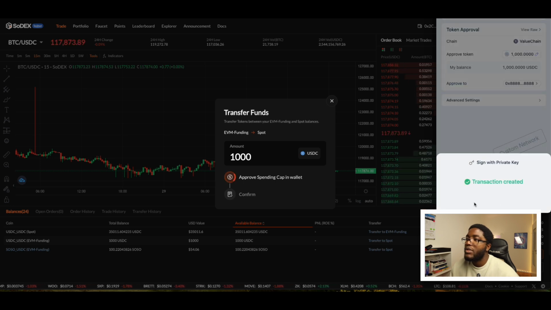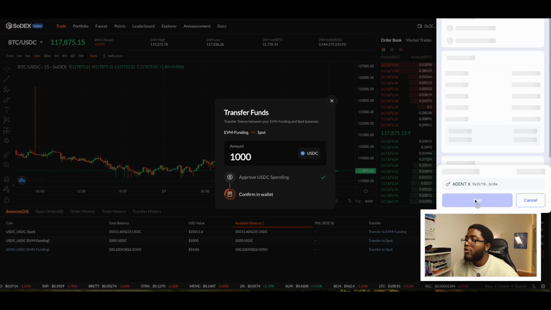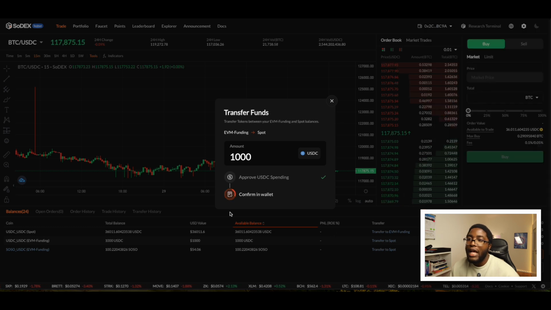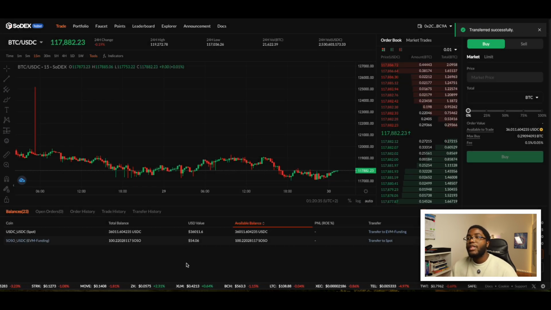It's approving the spending cap in the wallet, and then I need to confirm it in my wallet as well. Then the 1000 will be transferred into my spot wallet, which means I'm now ready to use that 1000 to trade. So that is the first thing.